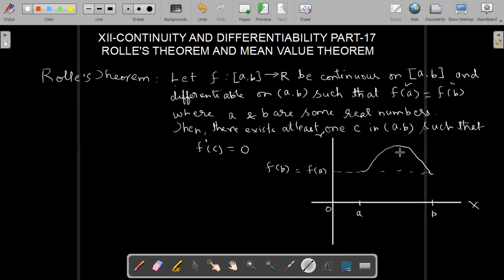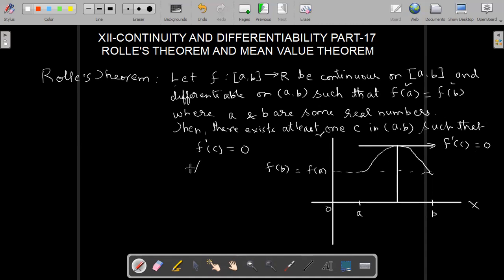So if you draw a tangent at this peak point, it will be parallel to the x-axis. That means f dash c is equal to 0.